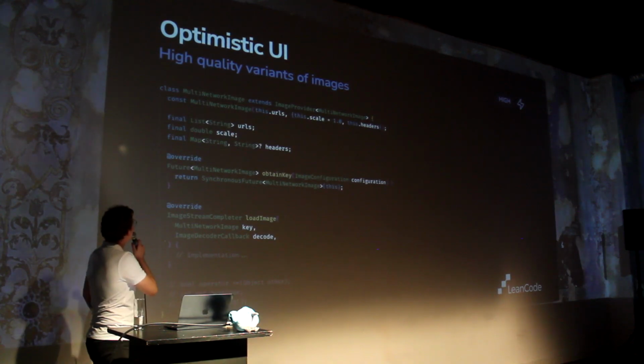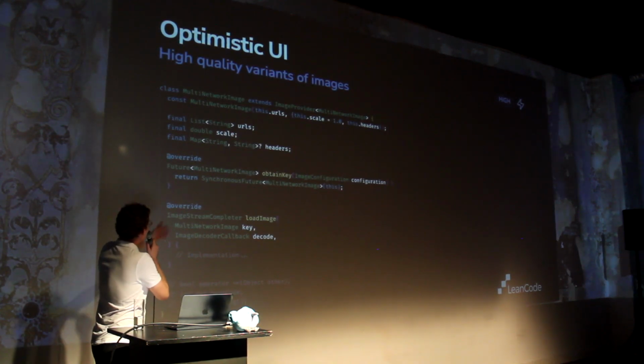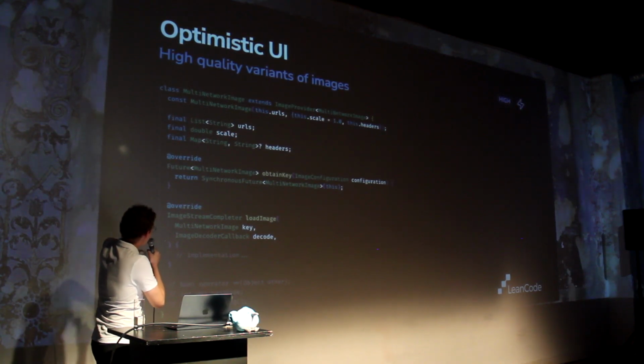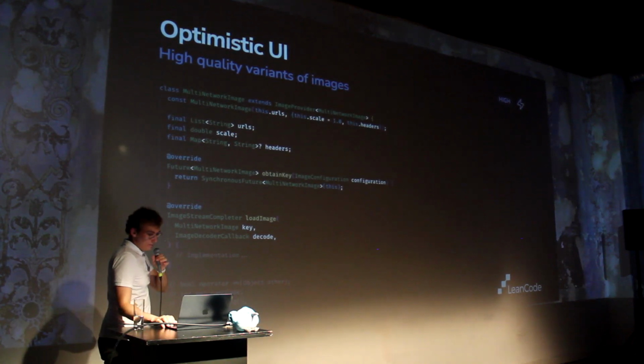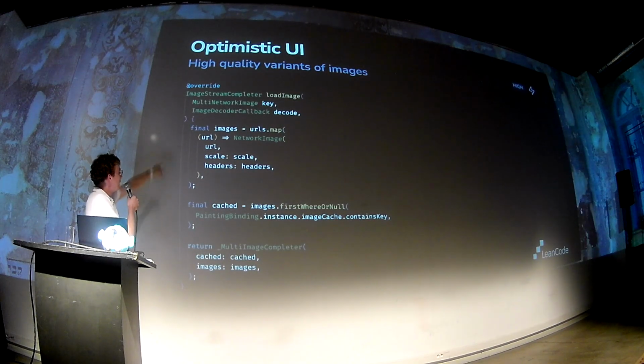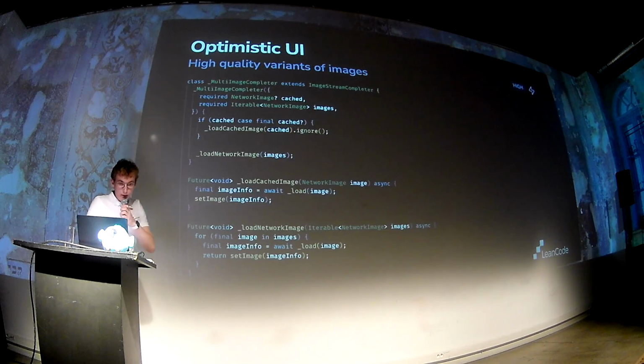Here we have a class that extends ImageProvider. We accept some URLs, scale, and headers. We obtain the key, the same behavior as in the Flutter framework, and then we load an image. Inside that load image, we just map it to network images. We check inside our image cache whether we have any of those images cached, and then we return the completer.